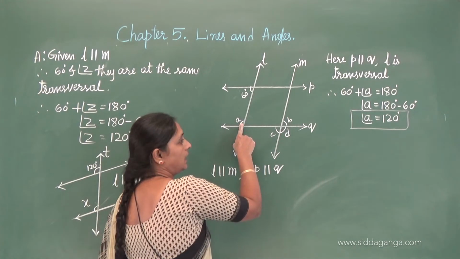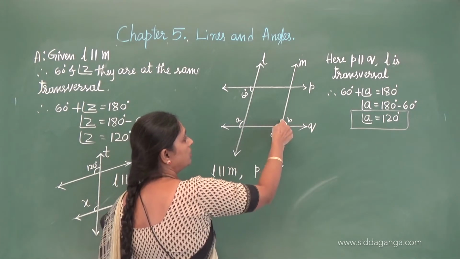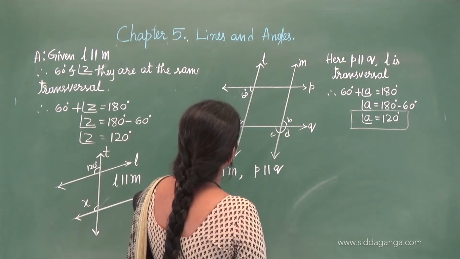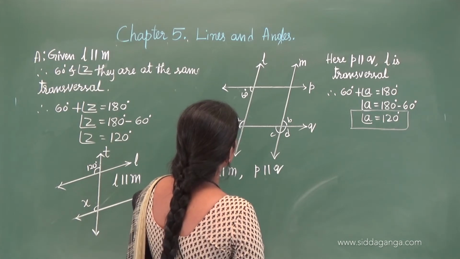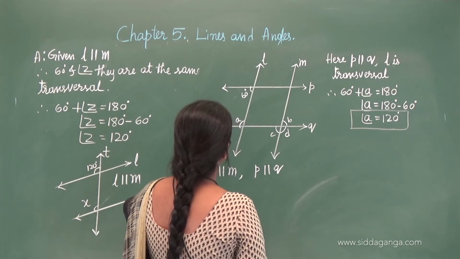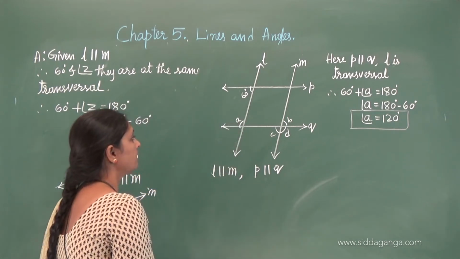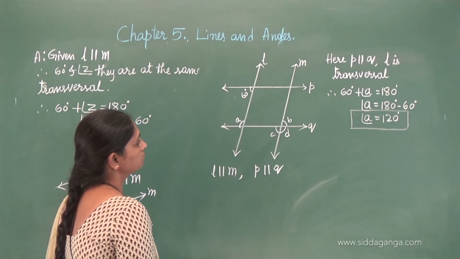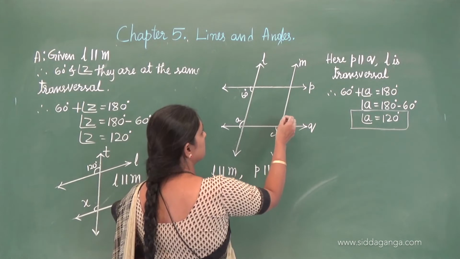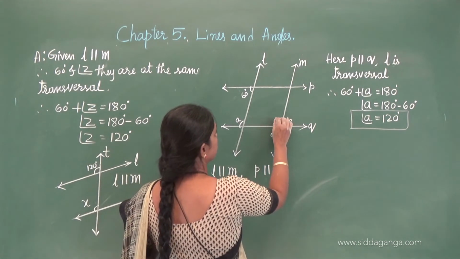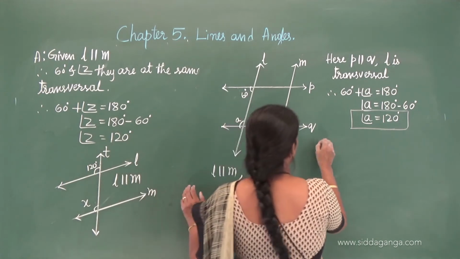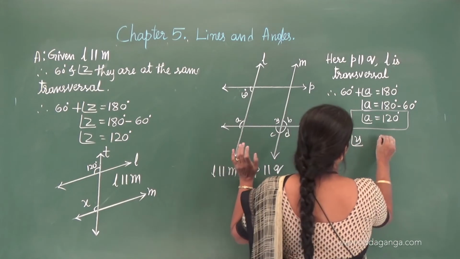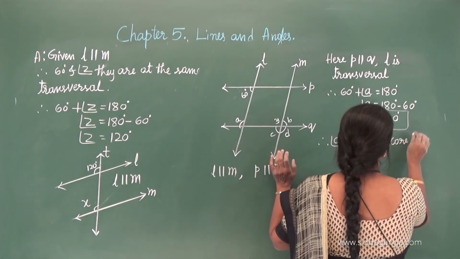So if A is 120 degree, what about this? Let's consider this as Y. Okay, so here, therefore, angle A is equal to angle Y since corresponding angles.